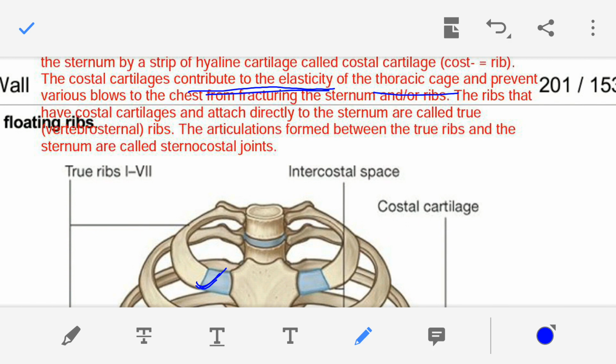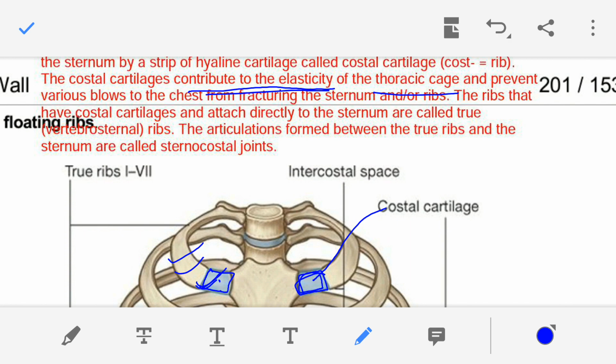It is possible that the person's body can get a jerk. That jerk is absorbed by the costal cartilage, and by absorbing that jerk, the costal cartilage is protecting the ribs from fracture. This is the role that the costal cartilages play.